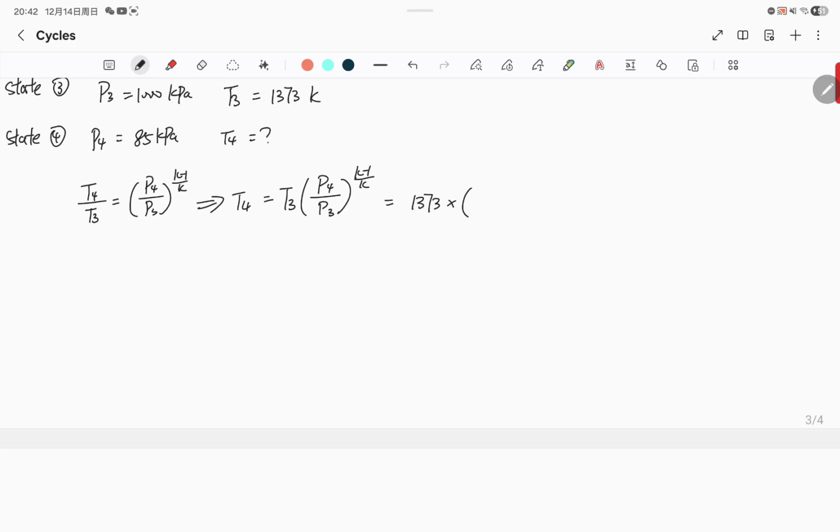And remember, P4 is smaller than P3, so this is small divided by big. k is 1.4, and that gives me this much Kelvin. Again, we don't use degrees Celsius here, we use Kelvin.